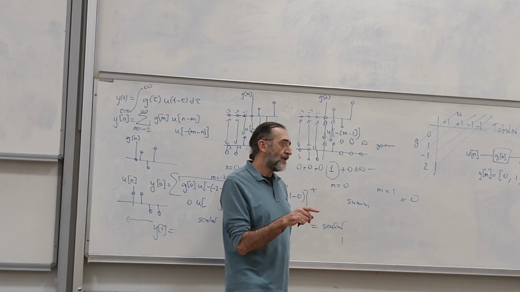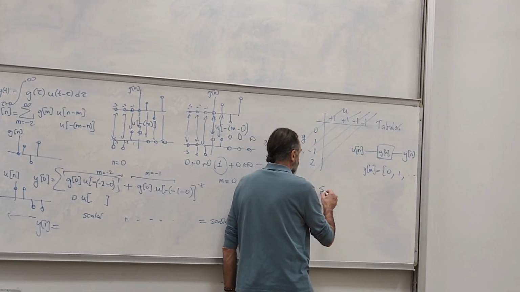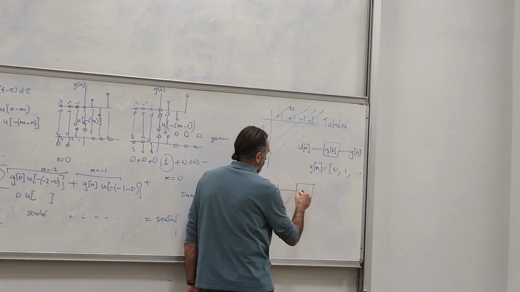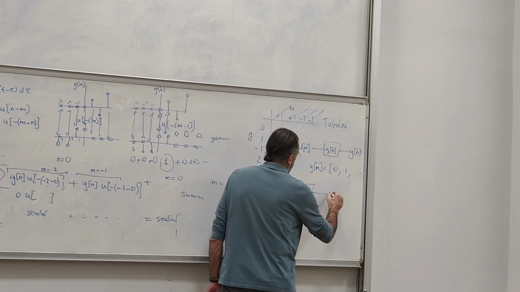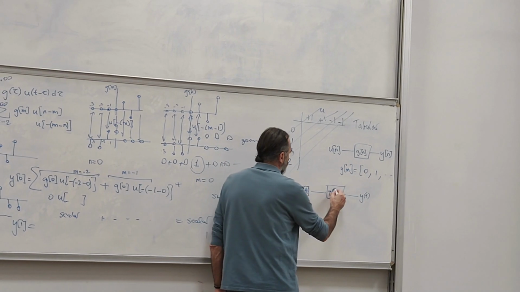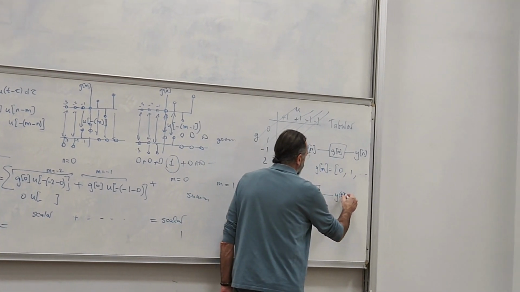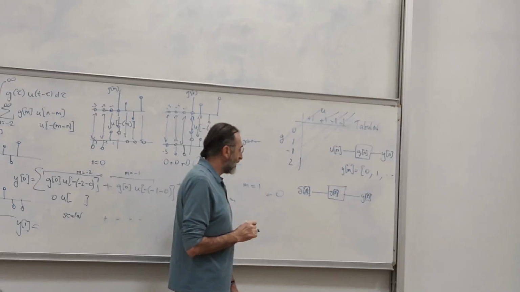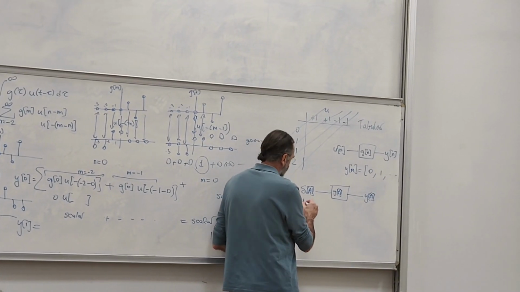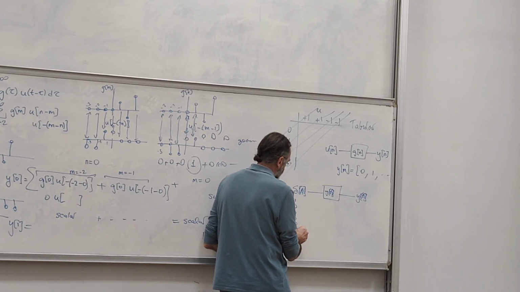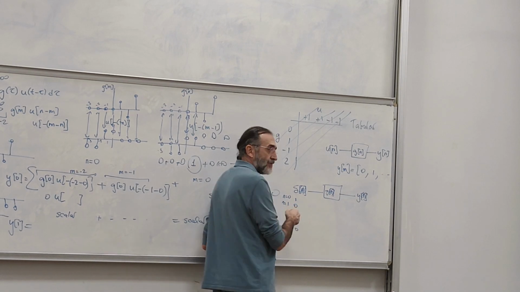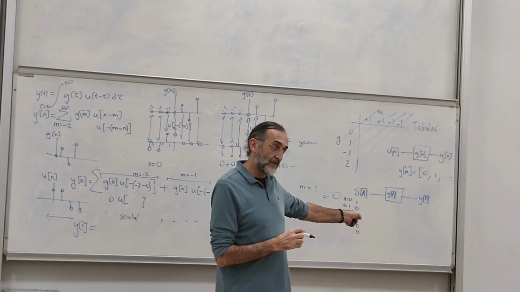Okay? Like, for example, when you give a delta of t to a system, g of t, you get y of t. Let's say this is delta of n, g of n, and y of n. Now, let's say delta of n, as you know, is 1, 0, 0, 0, 0, 0. At n equals 0, this is 1. At n equals 1, this is 0. Remember? That's the delta signal.